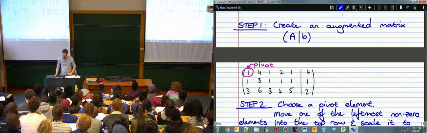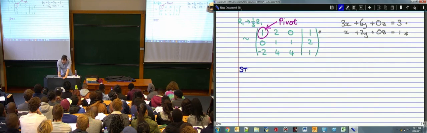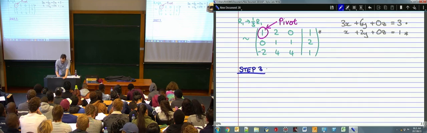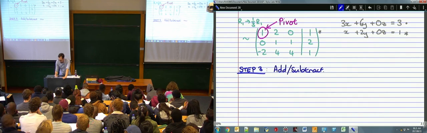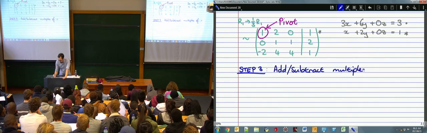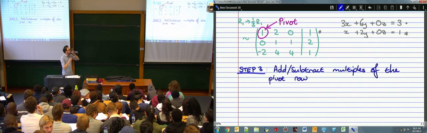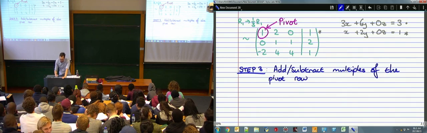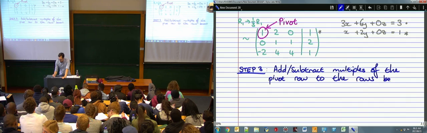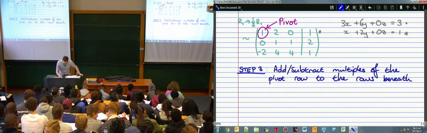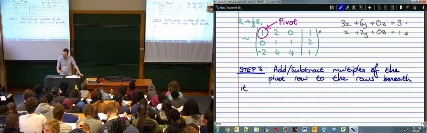We're not doing just random multiples of the pivot row; we're choosing multiples that will make the entries underneath the pivot equal to 0.